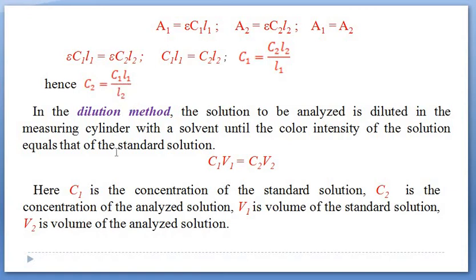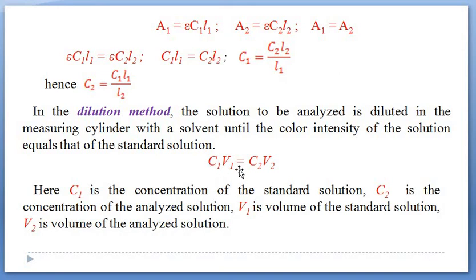In the dilution method, the solution to be analyzed is diluted in the measuring cylinder with a solvent until the color intensity of the solution equals that of the standard solution.